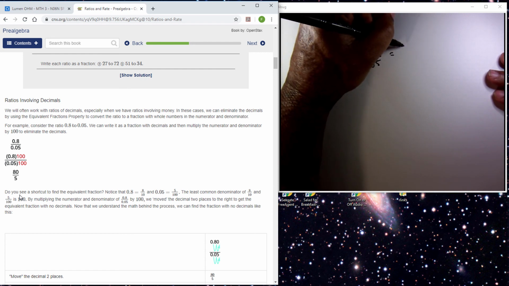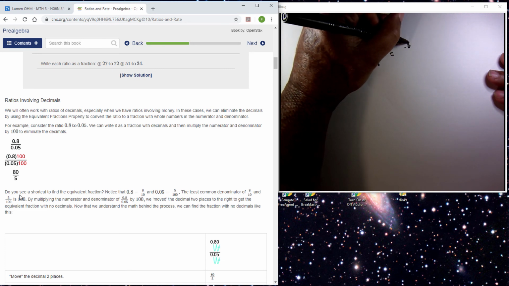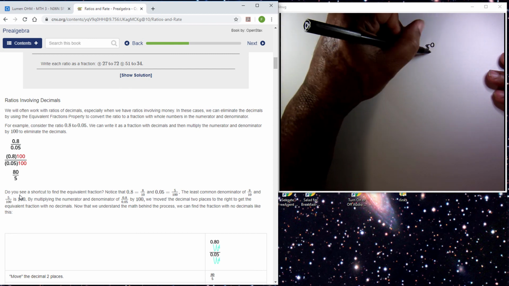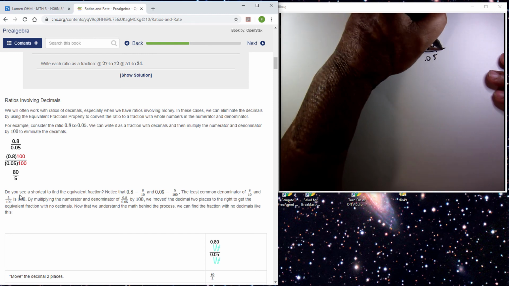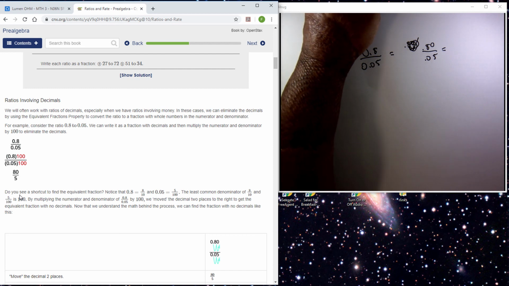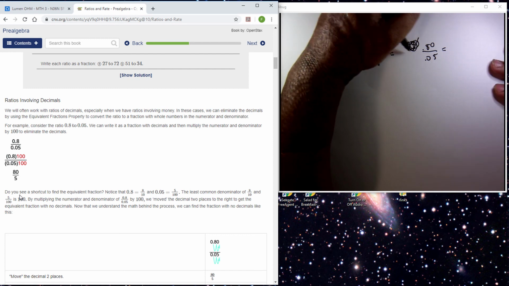So I can rewrite this as 0.80 divided by 0.05, simply because I just add the 0 there, and that goes up to the hundredths place.